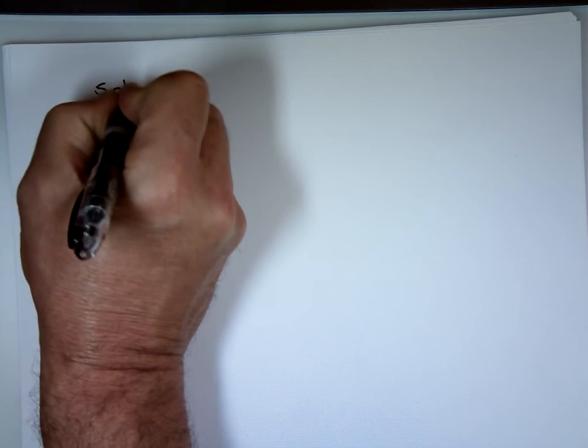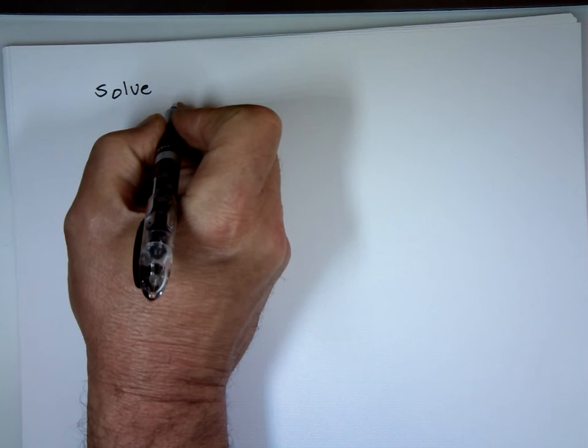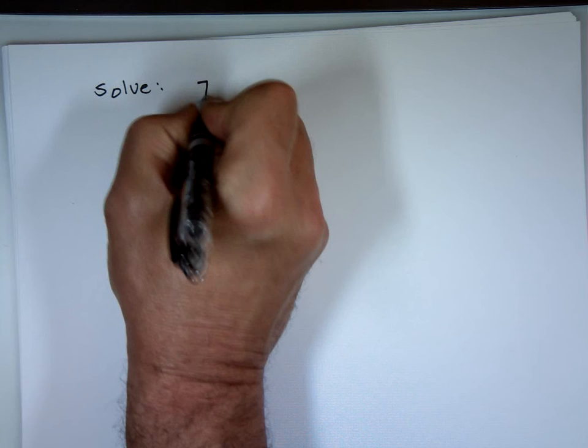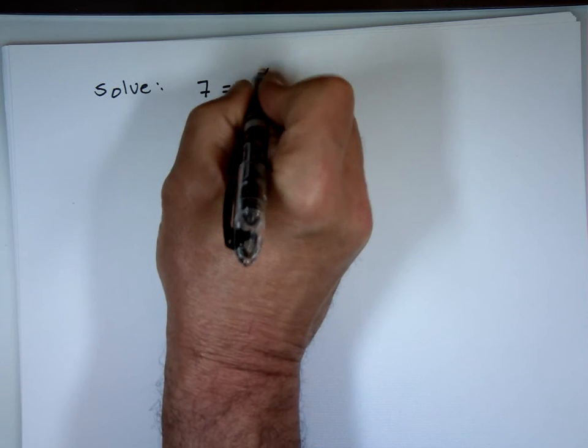Solve this problem. A couple of problems actually, we'll do 2 problems. 7 equals e to the x plus 1. Solve it for x.